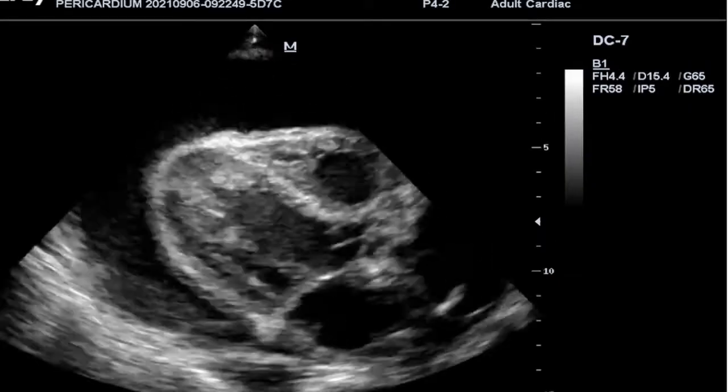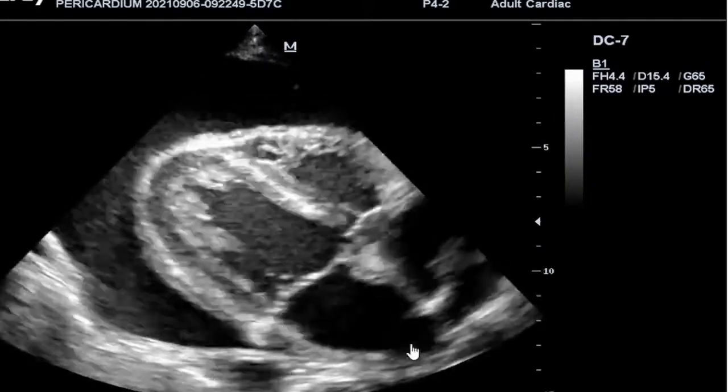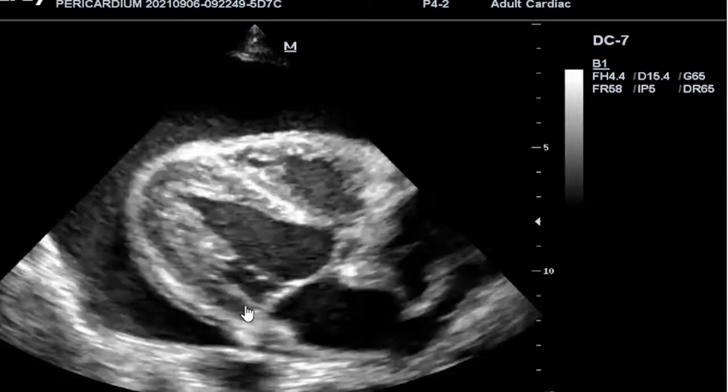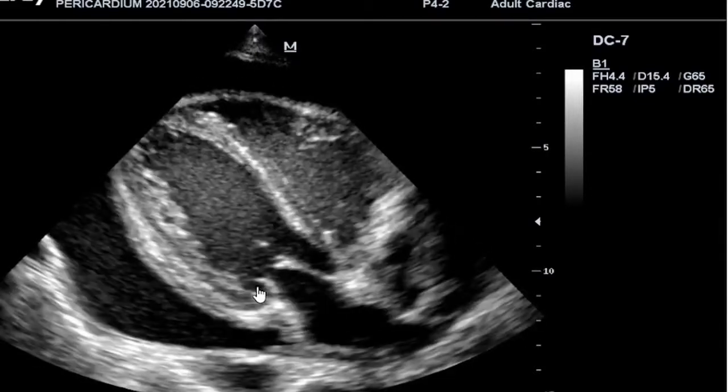Looking at this, you can actually see here is our nice heart. You can see here is our left ventricle, and then we have got our nice mitral valve, the cusps here, and we have got our left ventricular outflow tract here, and we have our nice right ventricle here, and then our left atrium is somewhere here.